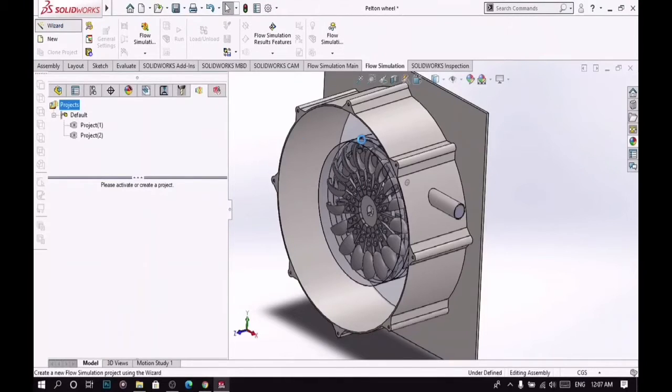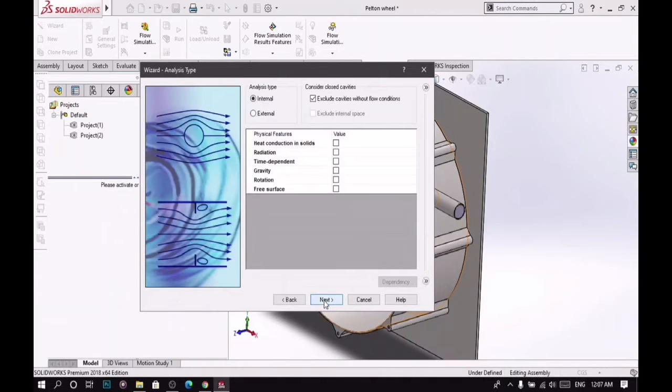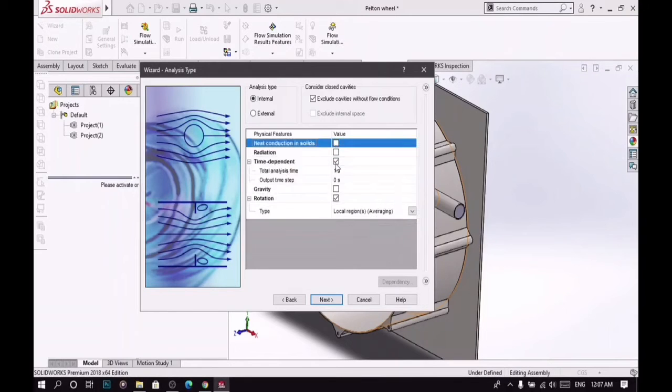Okay, so first of all, you need to load the project, and then you need to input what type of simulation or analysis type you are doing. In this case we have the rotation, and it is time dependent.